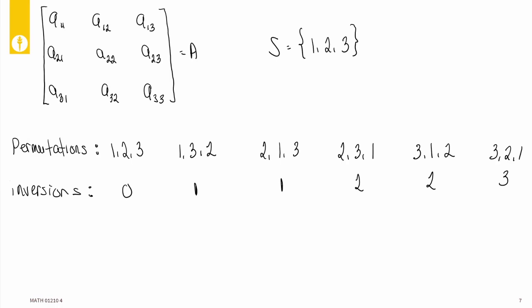That last one, 3 is larger than 2, there's an inversion. 3 is larger than 1, there's an inversion. 2 is larger than 1, there's an inversion. There's your 3. So even, odd, odd, even, even, odd. I'm not going to write them out for the sake of space.